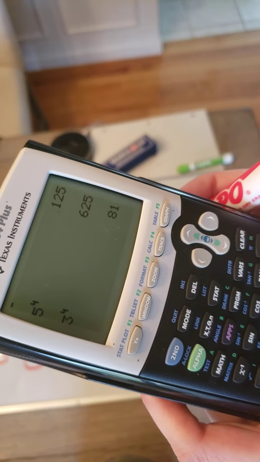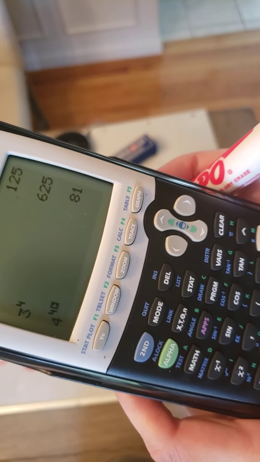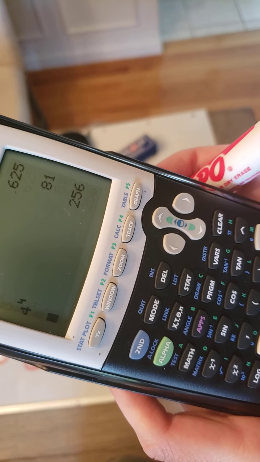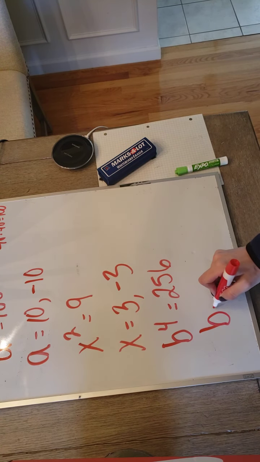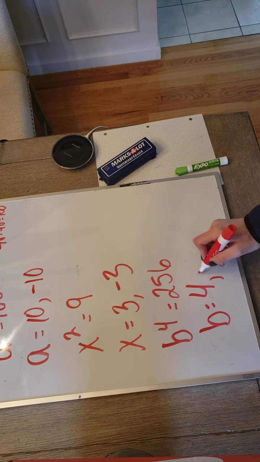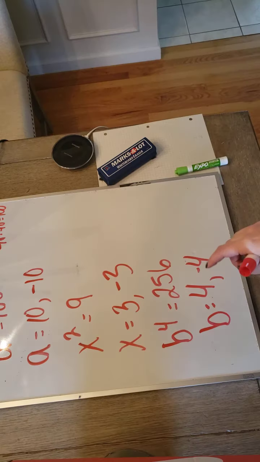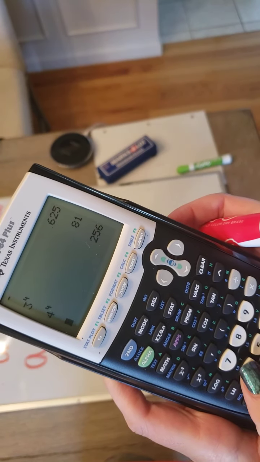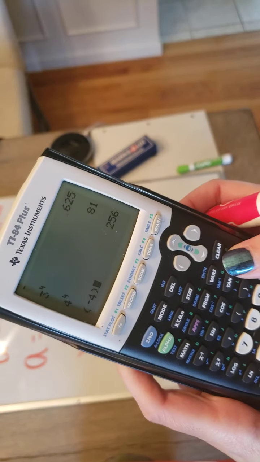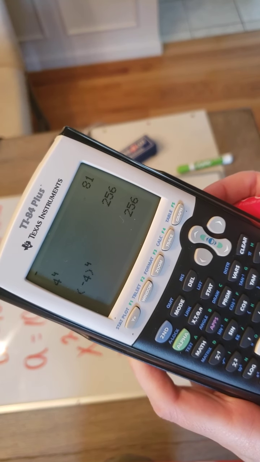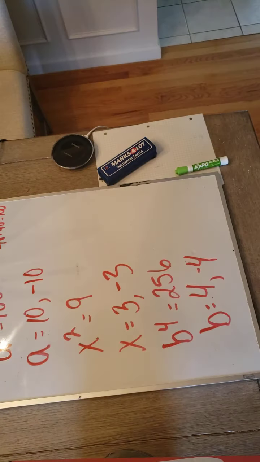Nope. If I have 4 to the 4th, does that give me 256? It does. So b can be 4, or it can be negative 4, because remember, any negative number raised to an even exponent will give you a positive. So negative 4 to the 4th is also 256.